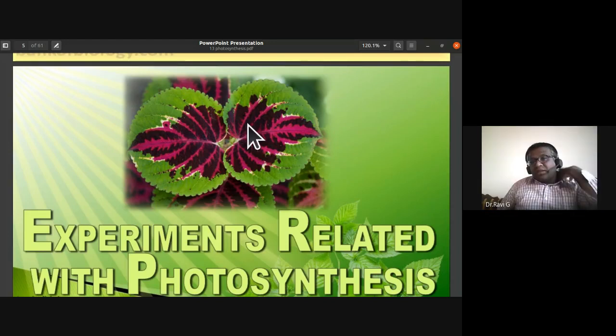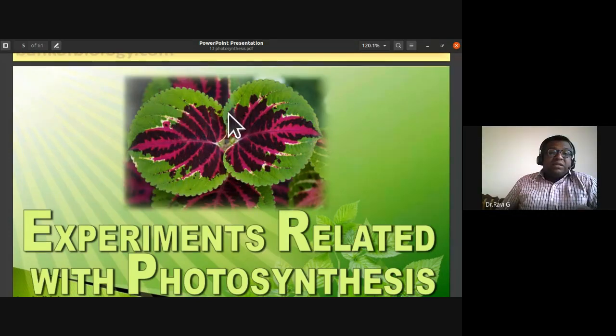So we have an experiment with a variegated leaf. It's better you are aware of this variegated leaf with different colors. Even the croton leaves, you might find different colors scattered within the leaf. We grow them as ornamental plants because of their colorful leaves.